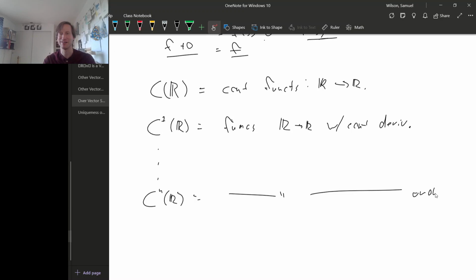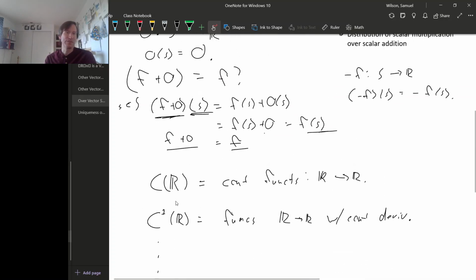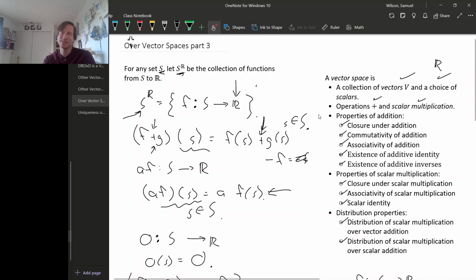So of order n. So you can see there are lots of subspaces of function spaces that are also vector spaces. So even though this list of properties that vector spaces have to satisfy is very long, it's actually not uncommon to have some collection of things that forms a vector space.